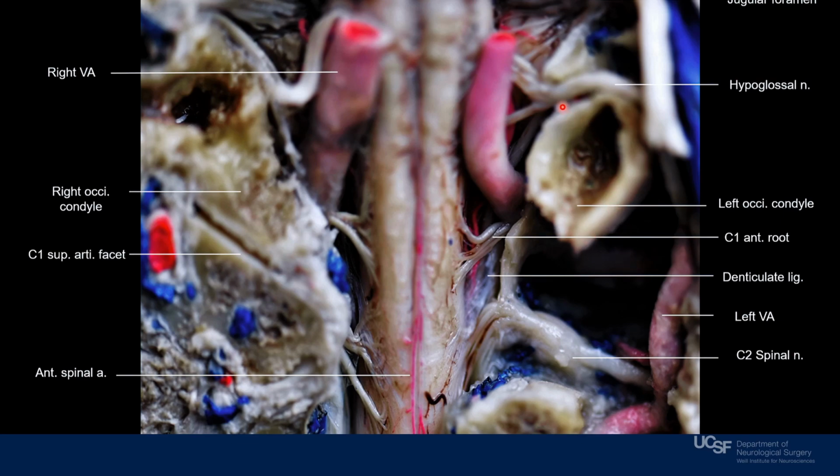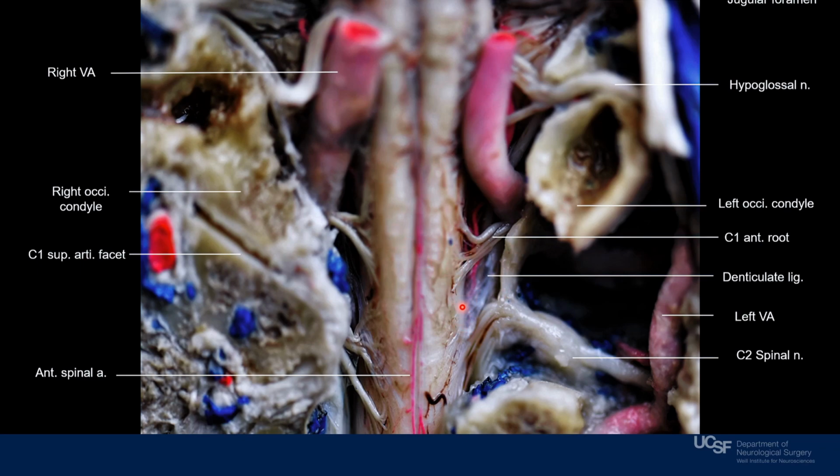and we're seeing over the condyle the hypoglossal nerve. So this is the hypoglossal canal. Superiorly, we see the jugular foramen with its neural content and vascular content. We also see the denticulate ligament that is gonna serve as an attachment.